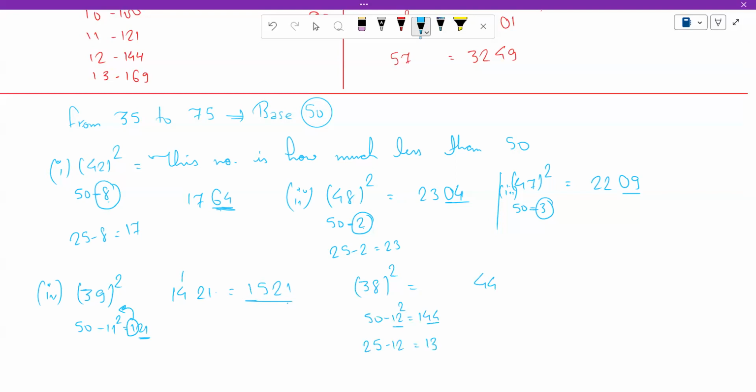Now this 13 will come here, but the carry will go here, so it will be plus 1. So it will be 1444. You can also calculate whether the value is coming out correct or not.